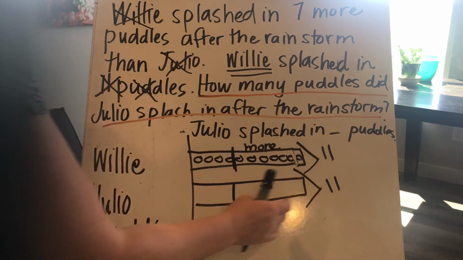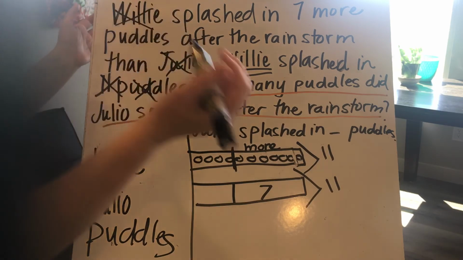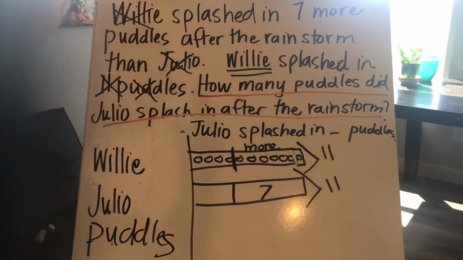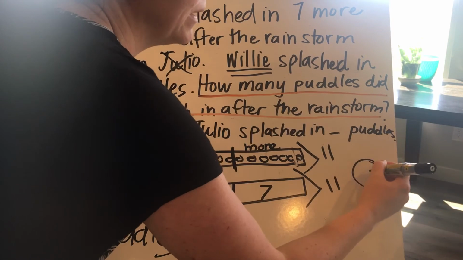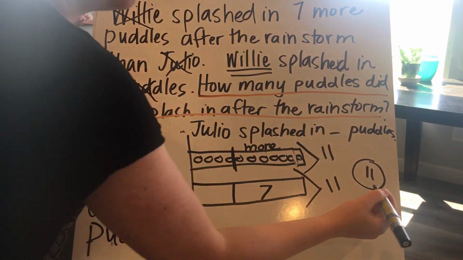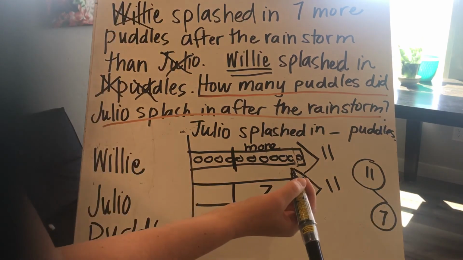But now if we look at our bar, what do we have, class? I hope you're saying it in your head. We have a whole and a part. If we have a whole and a part, we know we subtract to get our part, or you use a missing addend to add to get your whole. So you're going to say, okay, we know Willie splashed in 11 puddles. We know he did 7 more than his friend Julio.